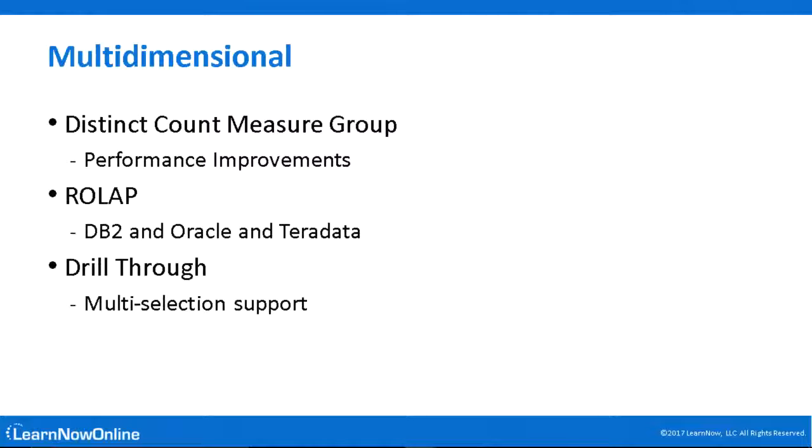This has been asked for probably since Analysis Services 2005 with cubes. So now when you multi-select filters and you double click to drill through, the results will be filtered by that multiple selection filter. This support has been added in SQL Server 2016.